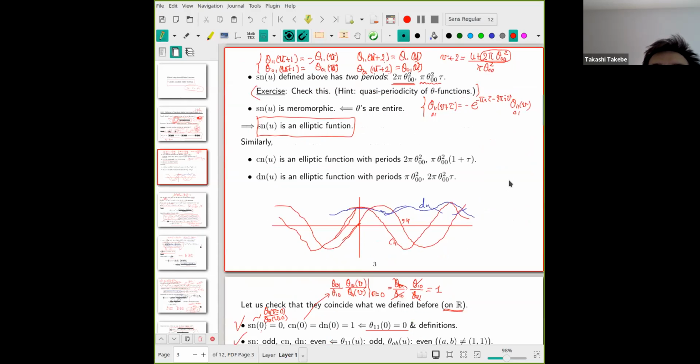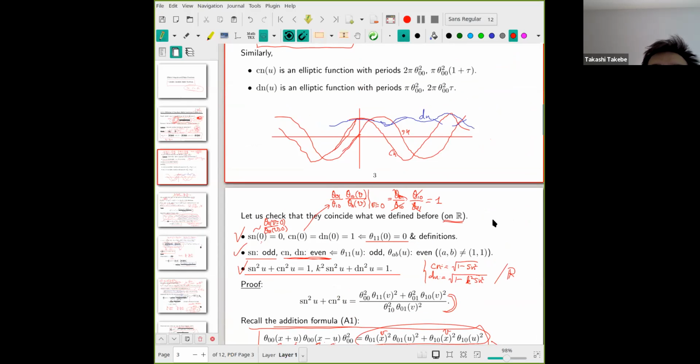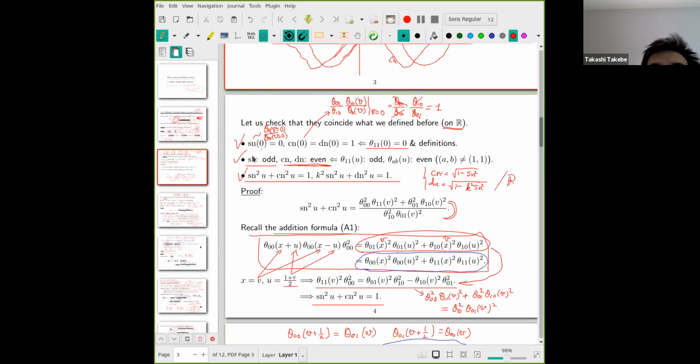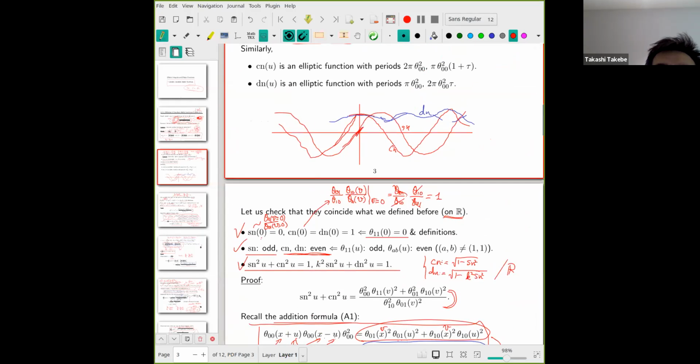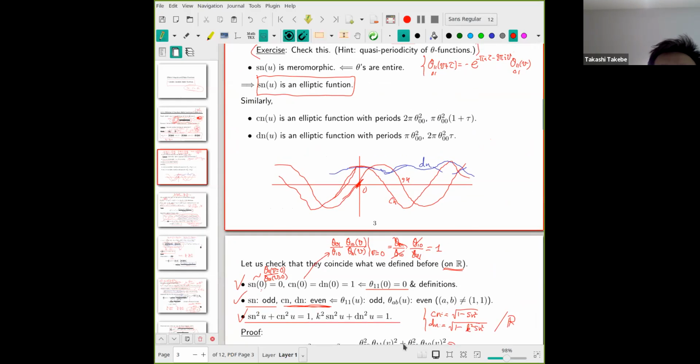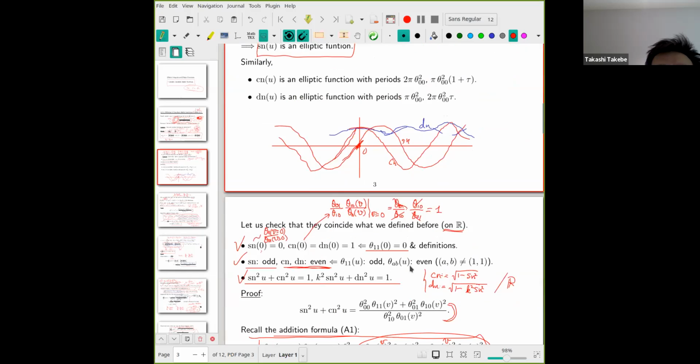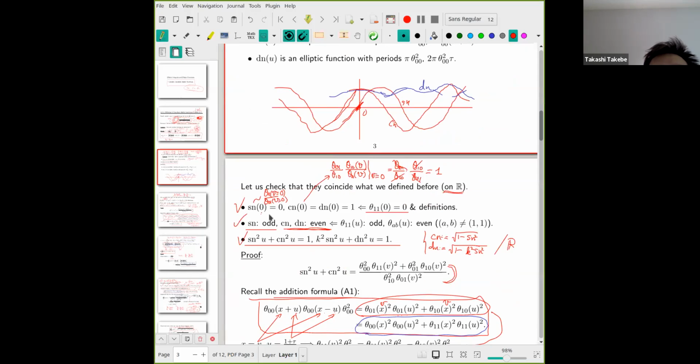And their periods of Cn and Dn. We have checked several properties. For example, Sn is 0 here because theta 1,1, the odd theta function, is 0 at 0.